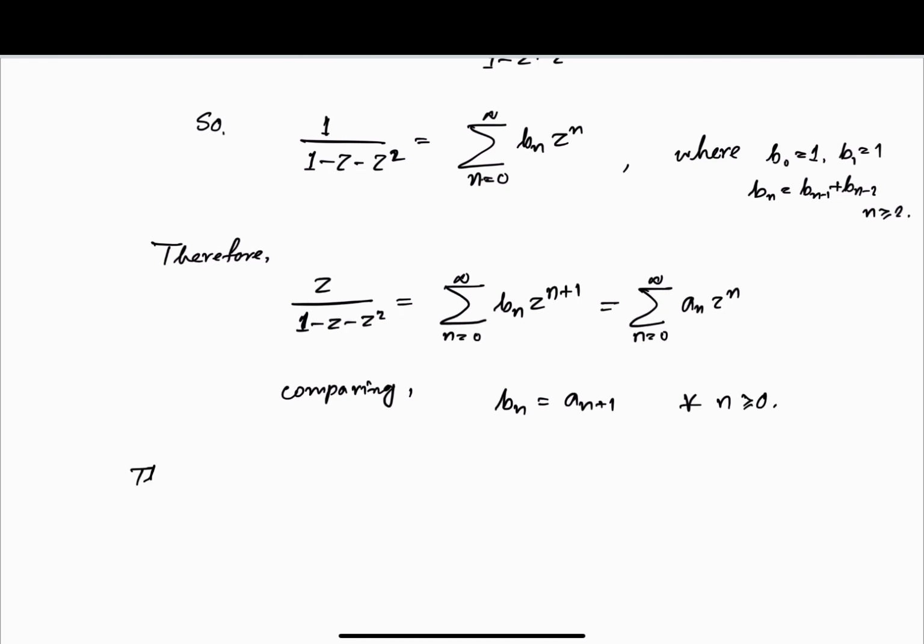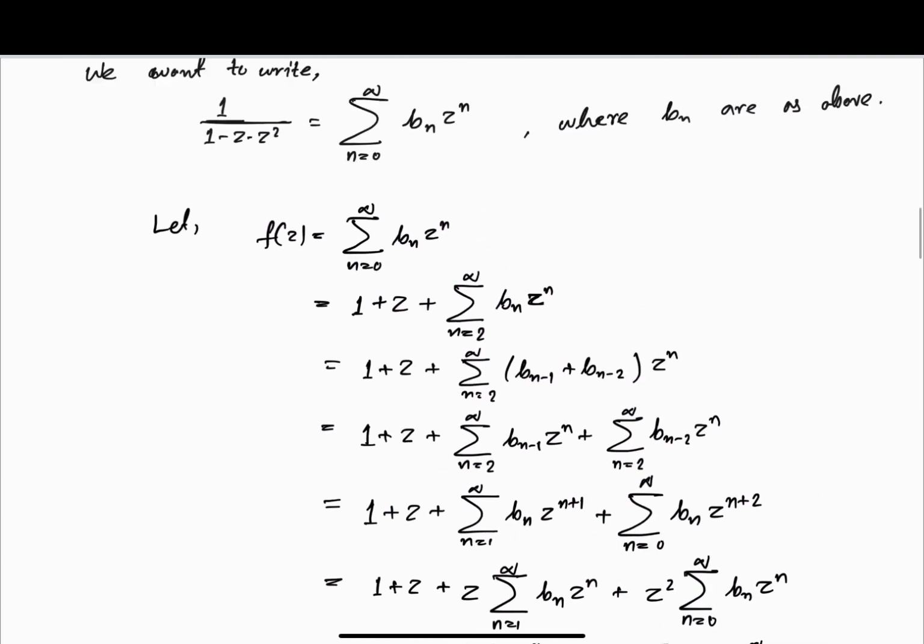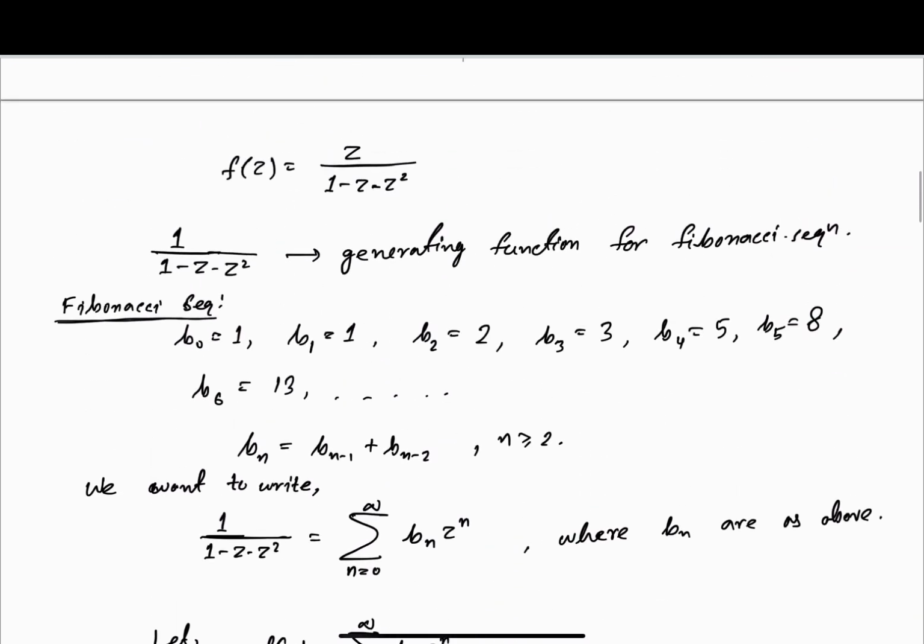Then what is a6 plus a5? a6 plus a5 means b5 plus b4. And what is b5 plus b4? It means the fifth term and fourth term of the Fibonacci sequence, which we have already written down. The fifth term is 8 and the fourth term is 5.